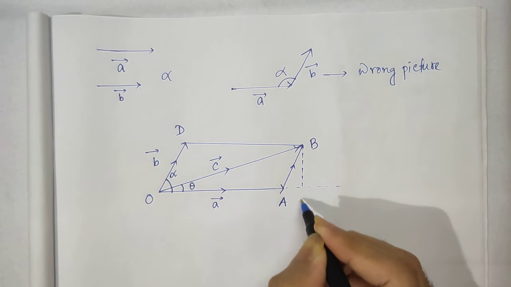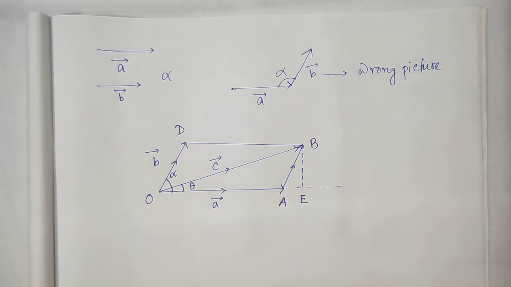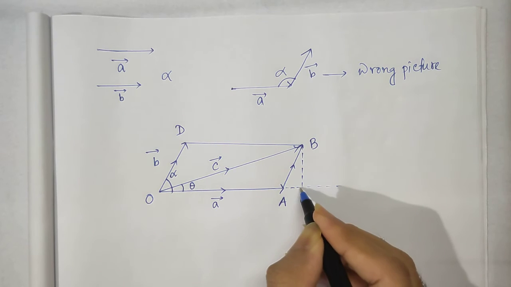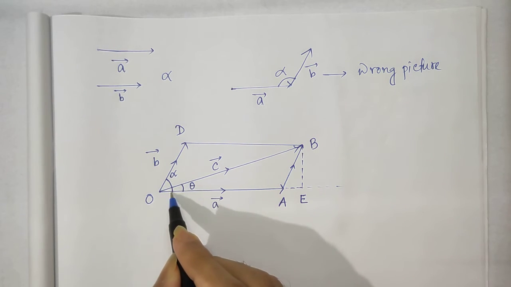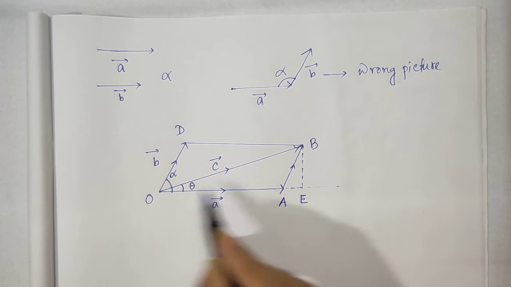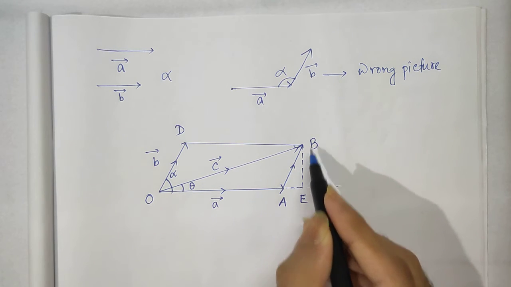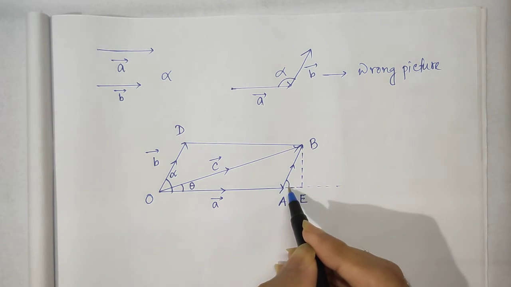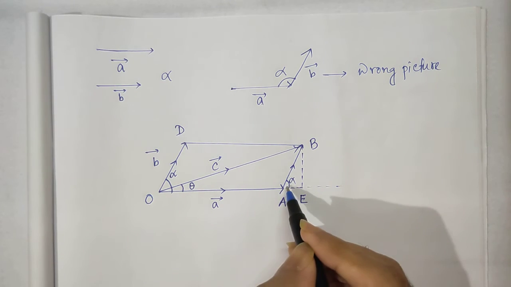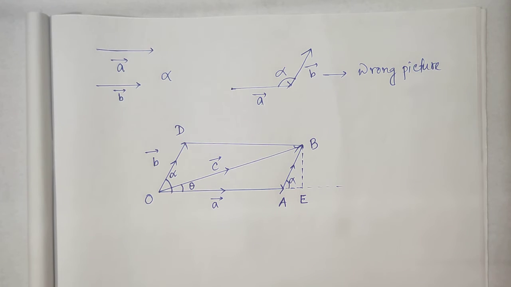Okay, and this point will be E. Now, as this angle is alpha, angle BAE will be alpha as well. Fine. Now, we have to calculate the C vector.